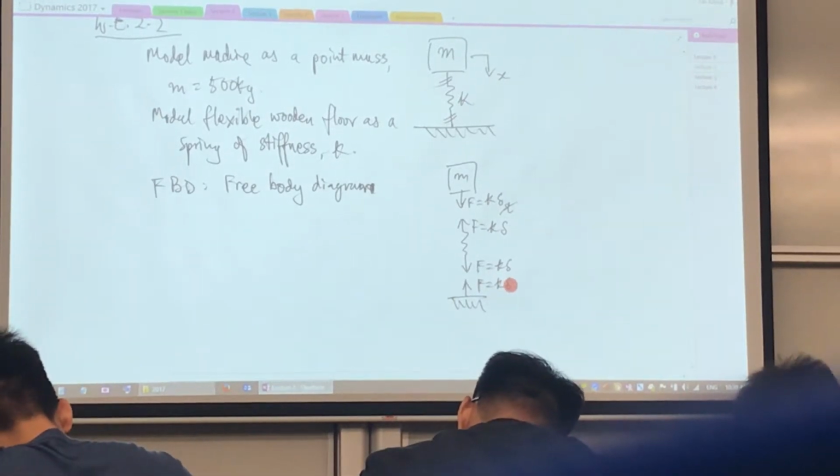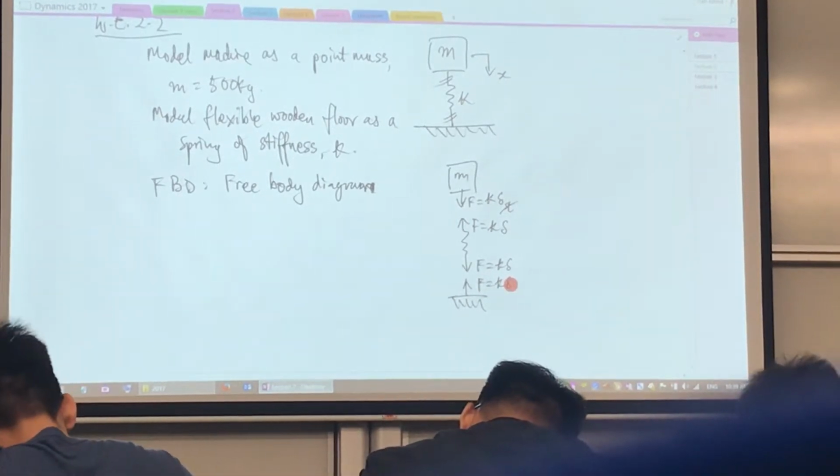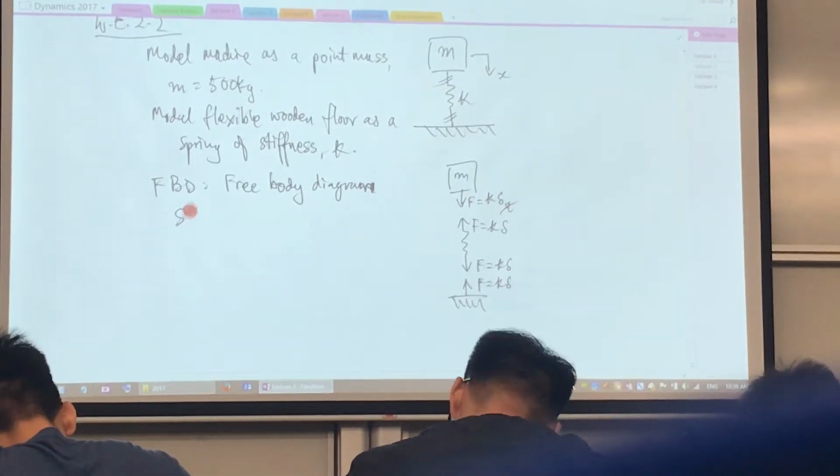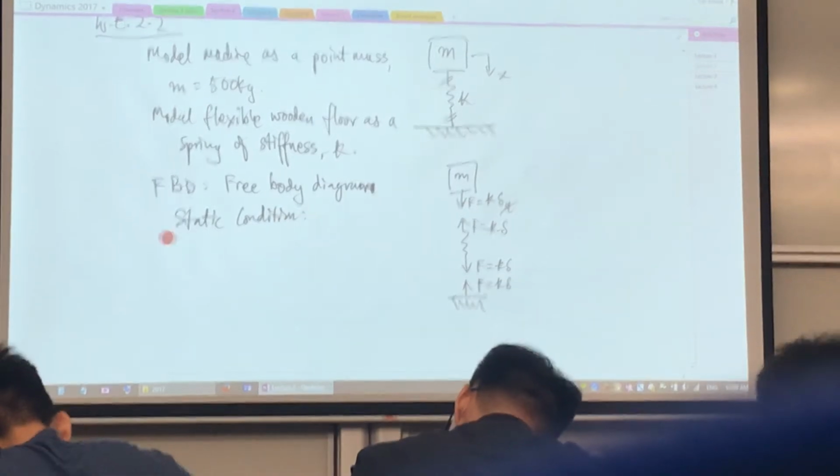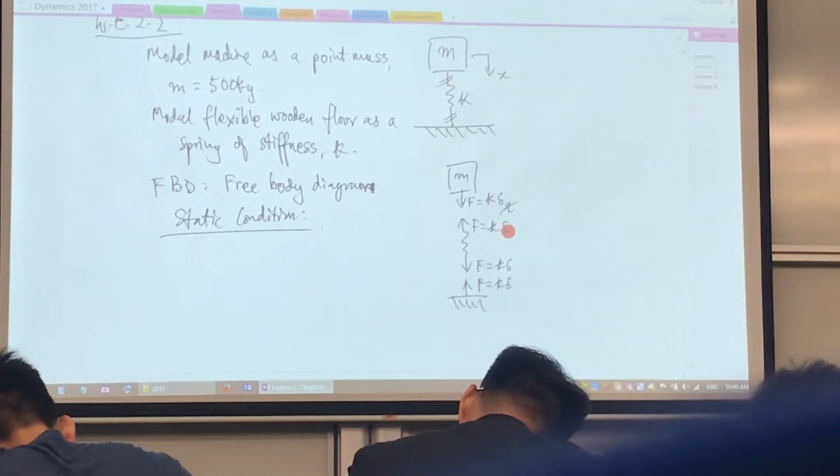This is the case for static condition. That's why you have the delta over there.